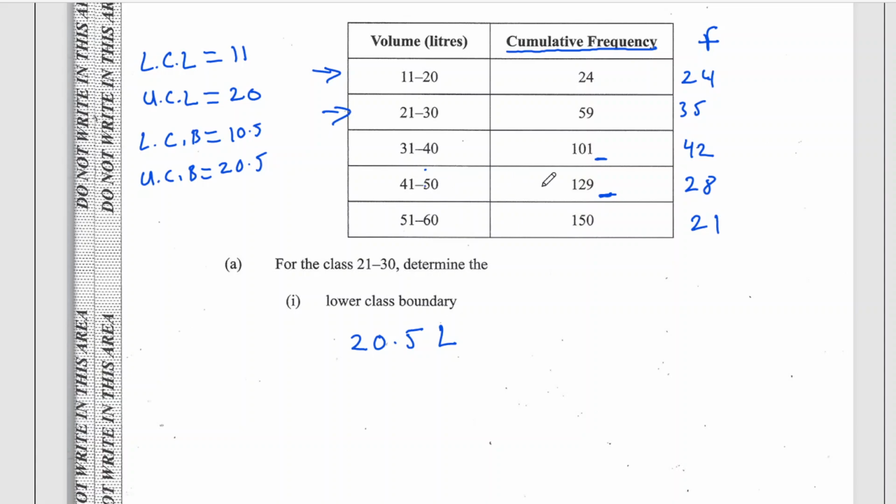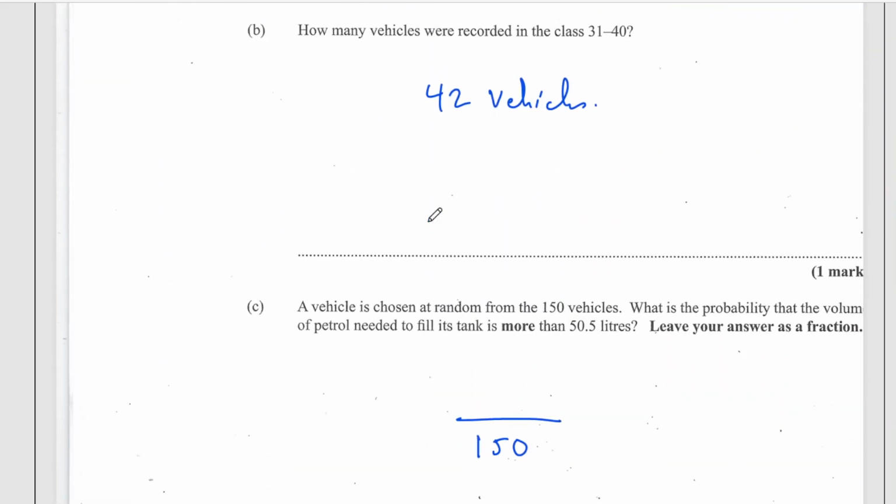Up to 41 to 50, we had 28. More than 50.5 would be over here, right? So this is 50 and less. So more than 50.5 would be this one. So we have 21 vehicles who is more than 50.5. So that would be 21 over 150.